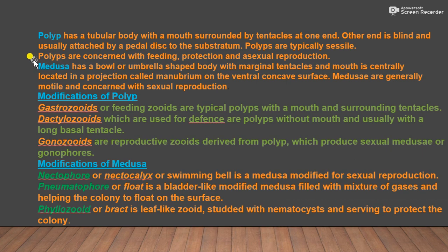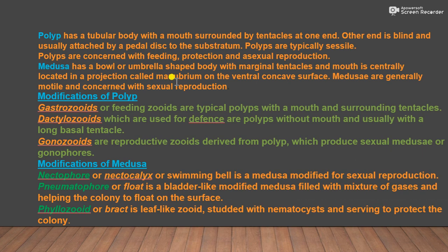Now we see another individual of that colony, the medusa. Medusa has a bowl or umbrella shaped body with marginal tentacles, and the mouth is centrally located in a projection called the manubrium.